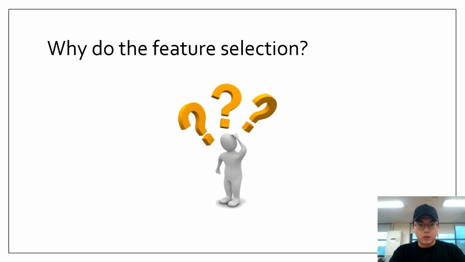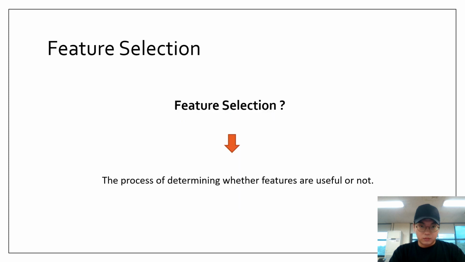So why do the feature selection? Why do we have to do the feature selection? Feature selection is the process of determining whether features are useful or not.